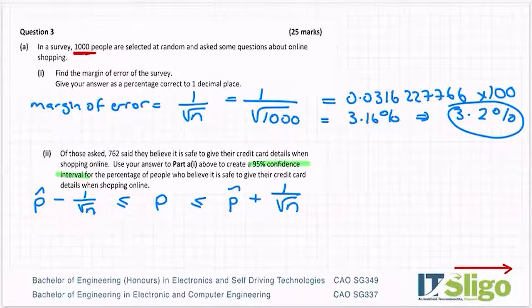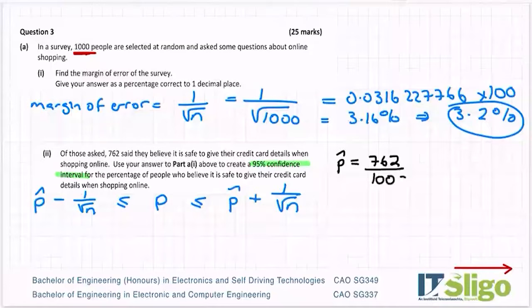Okay, so in English then, what is this question saying? Well, when we looked at our sample of 1,000 people, we got 762 out of 1,000 who said that they thought it was safe. I'm just going to put that as a decimal. It's perfectly fine as a fraction, but I just want to talk percentages to you.